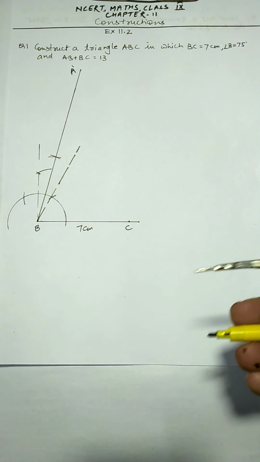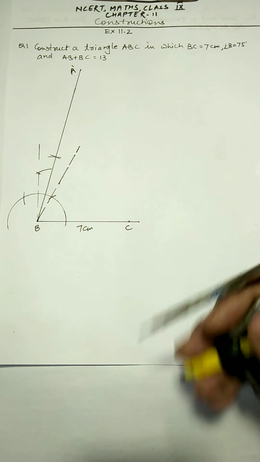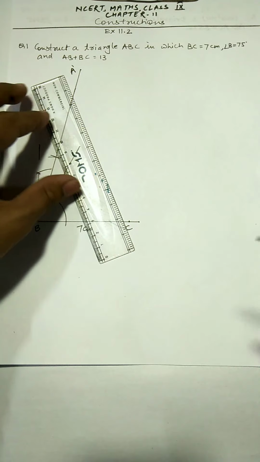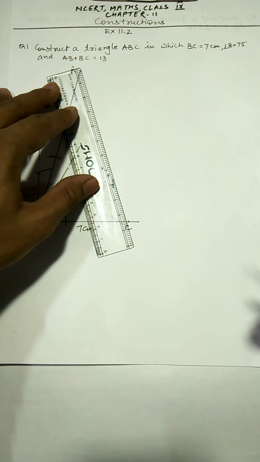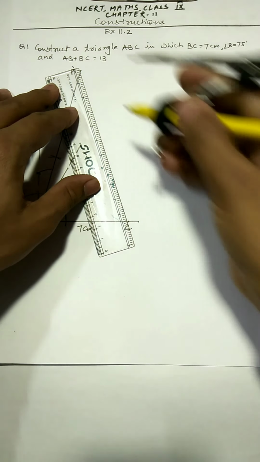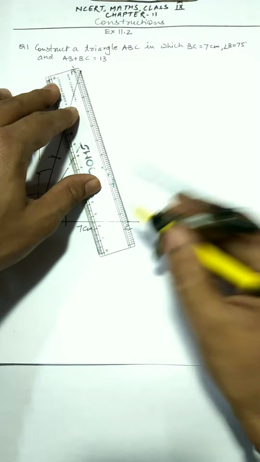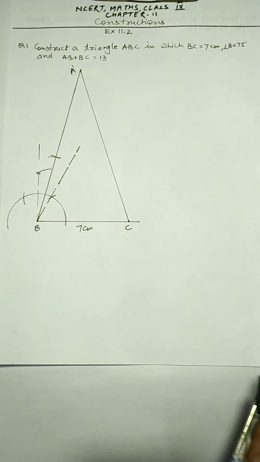This point is not the actual one, this is the point which will help us to get A. So now you join this A dash to C. So this is A dash to C, you have got this line segment.